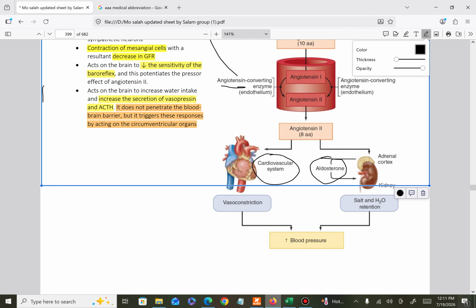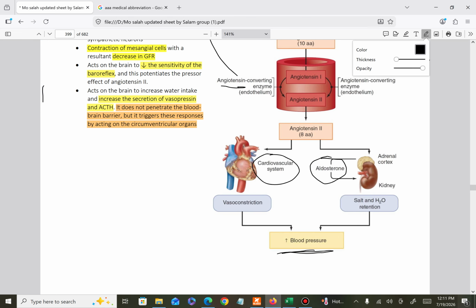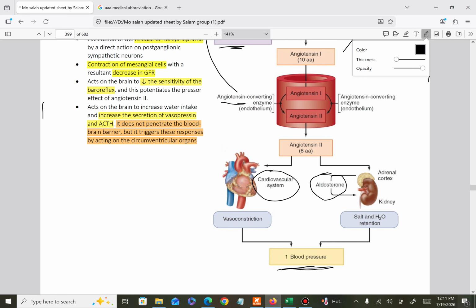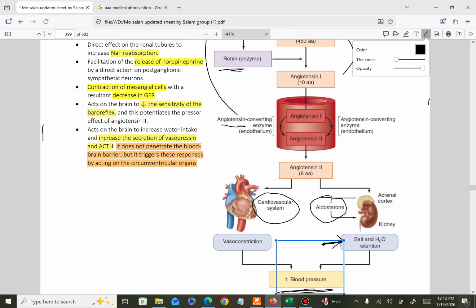The effect of angiotensin is to increase the blood pressure. It acts on the cardiovascular system to vasoconstrict the vessels, and consequently increases the blood pressure. It also stimulates the release of aldosterone, which acts on the kidney to retain salt and water, and subsequently increases the blood pressure.